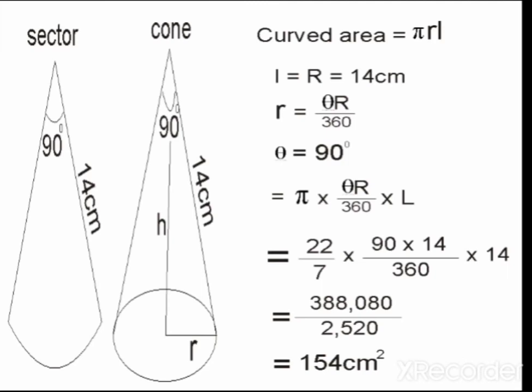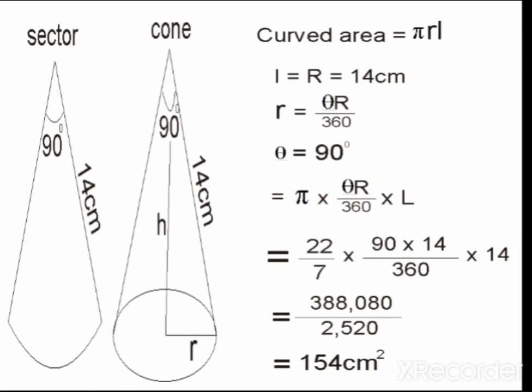So this is the area of the curved surface, pi r L. We have our L equal to the radius of the sector, and it was given as 14. Then I told you that lowercase r is equal to theta times capital R, the radius of the sector, divided by 360.